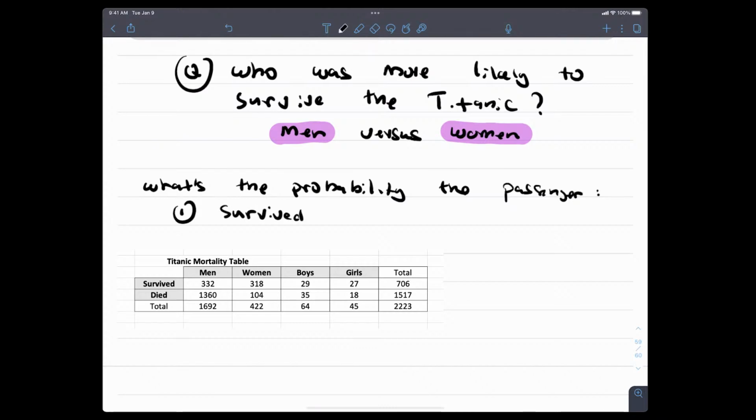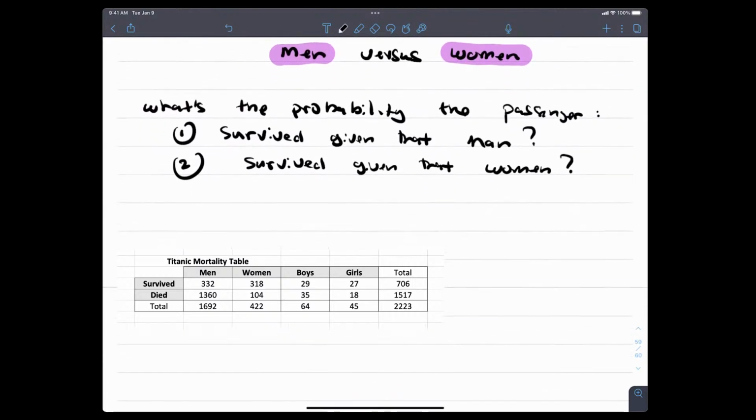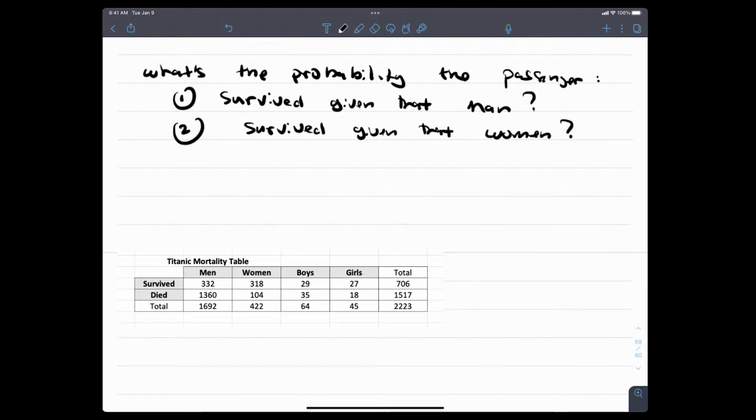Survived, given that the passenger was a man. 2. Survived, given that the passenger was a woman. Okay, this is really what we'll be using.